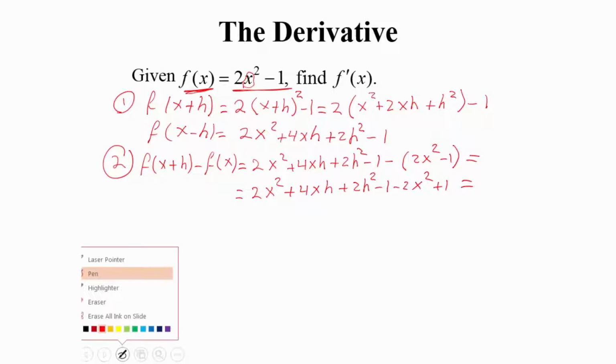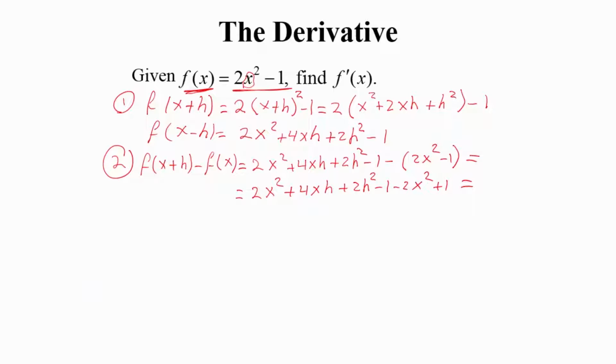You can see that terms with no h in them should cancel, and this always happens, by the way. 2x squared minus 2x squared, minus 1 plus 1, they cancel. Therefore, f of x plus h minus f of x would now be simply 4xh plus 2h squared.